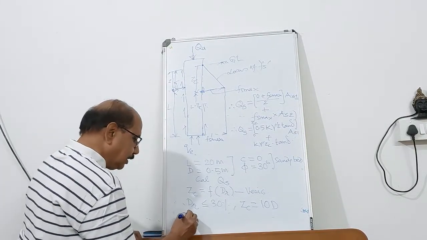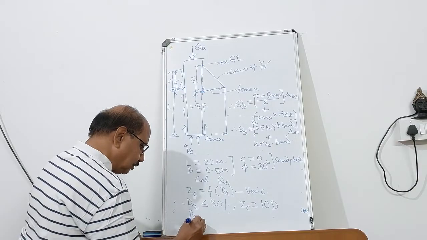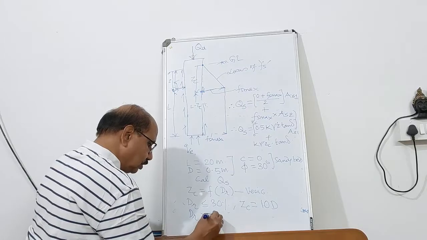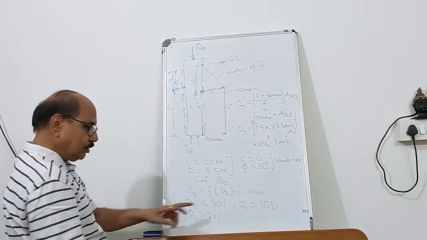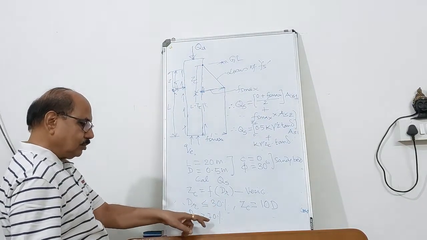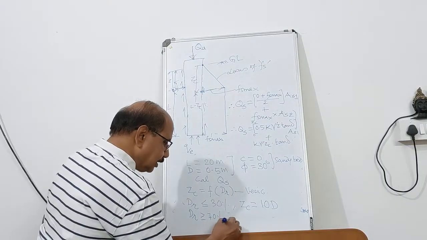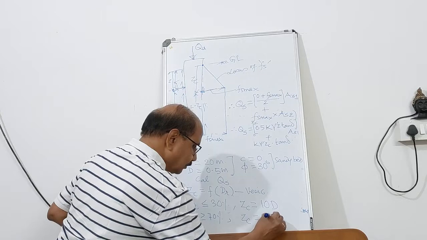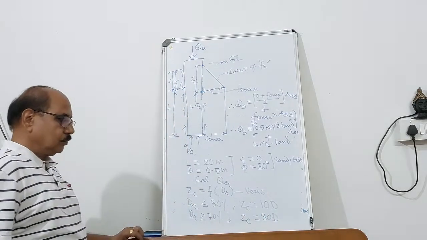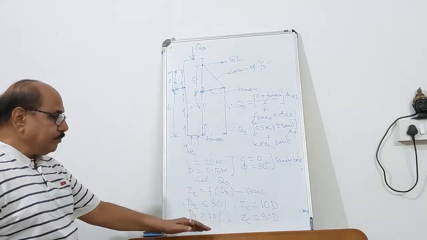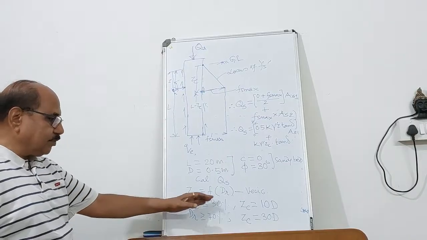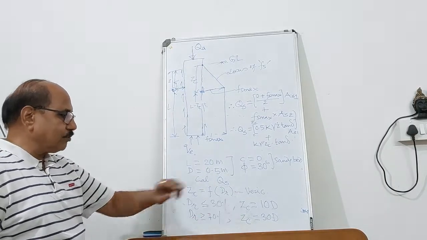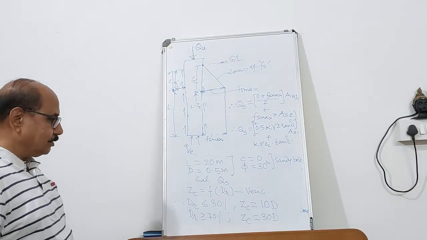And if relative density is greater than or equal to 70%, for dense ground, the critical depth as per Vesic is 30 times D. For in between values, say it is 50%, you can go for linear interpolation for calculating the Z critical.